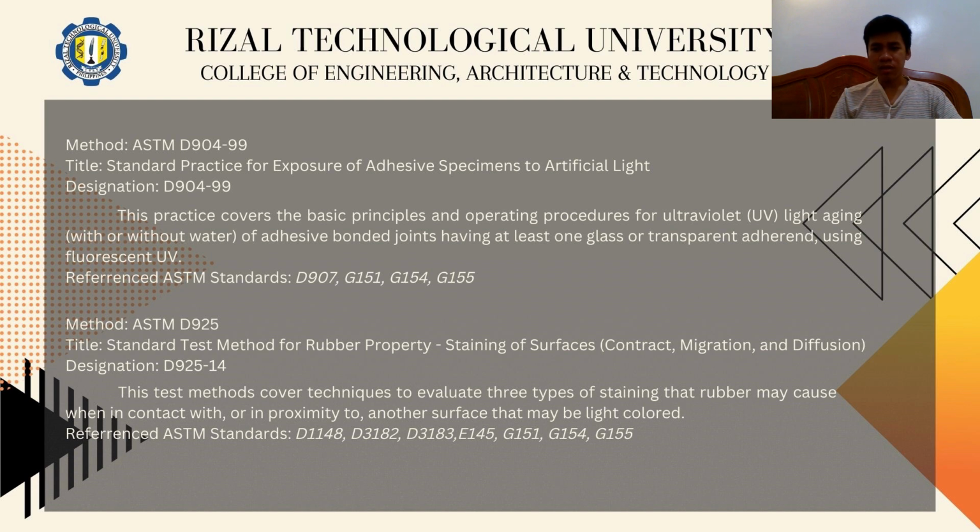Rubber in contact with light-colored organic finishes may stain the surfaces in contact with the rubber, and surfaces adjacent to or beyond the rubber, especially under conditions of heat, pressure, or sunlight.